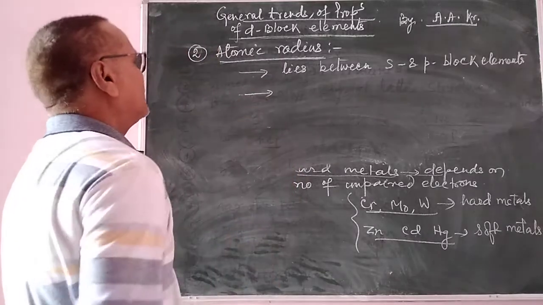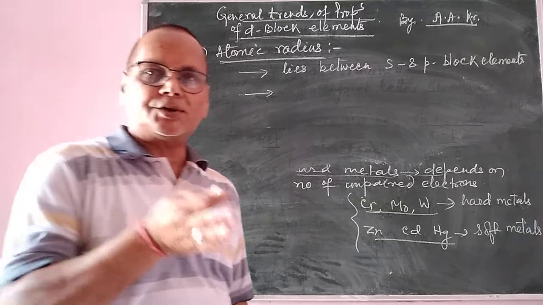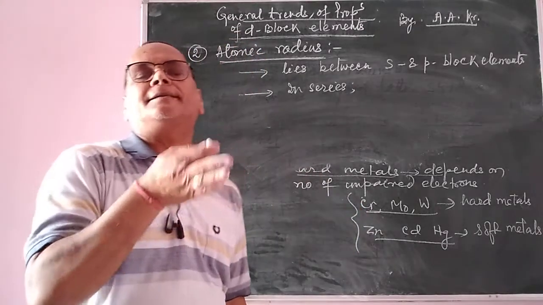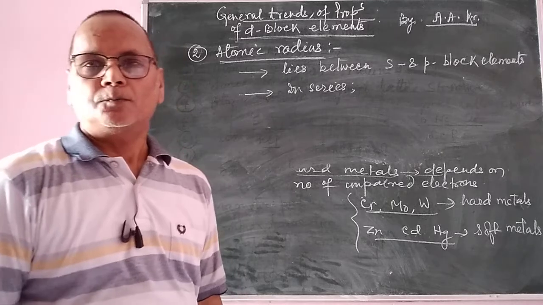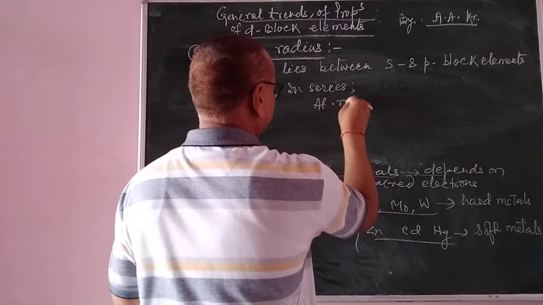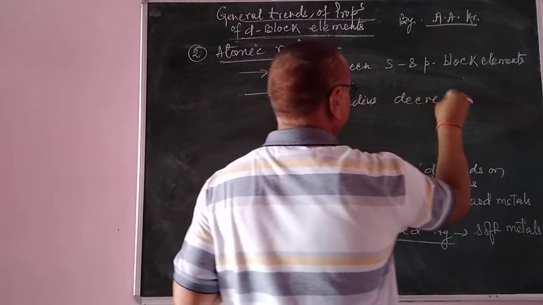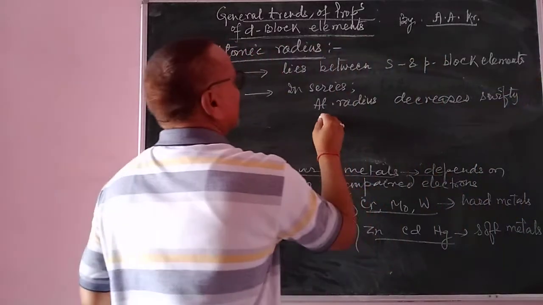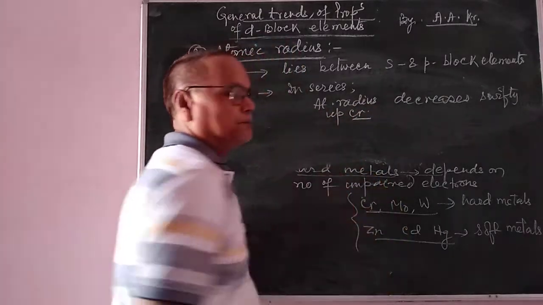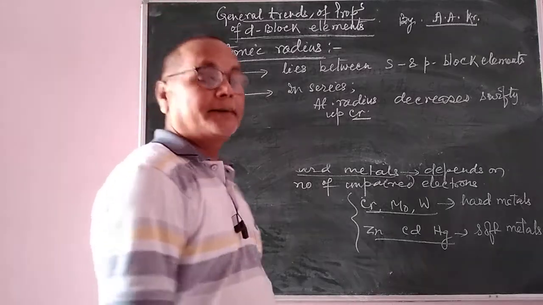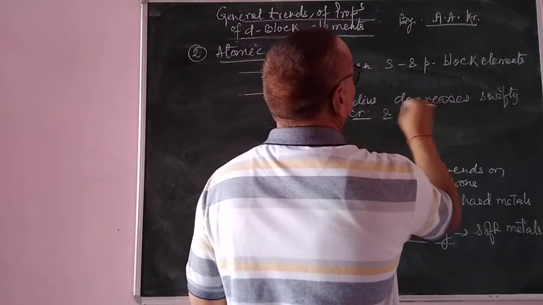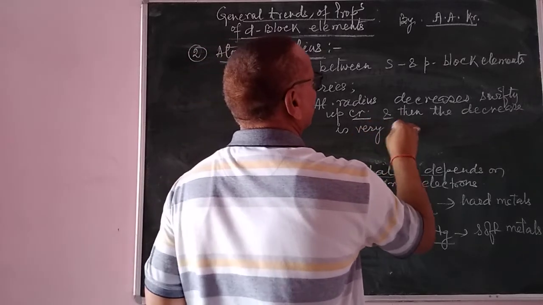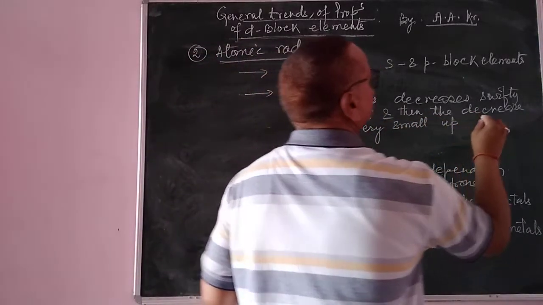Next point under atomic radius: in a series, the atomic radius decreases swiftly up to the middle, up to chromium, and then the decrease is very small, up to nickel.